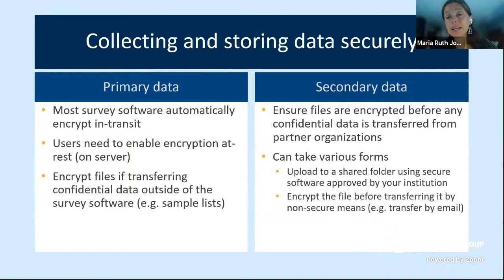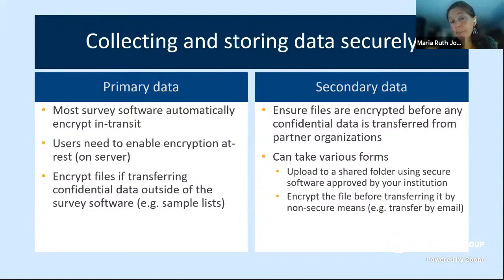In the case of secondary data, it's particularly important to think about how the data is being transferred. If you're acquiring data from a partner organization, you want that data to be protected when it's transferred to you, so that it's transferred in a secure method. And typically that means encrypting the file or providing an encrypted mechanism for receiving that data.